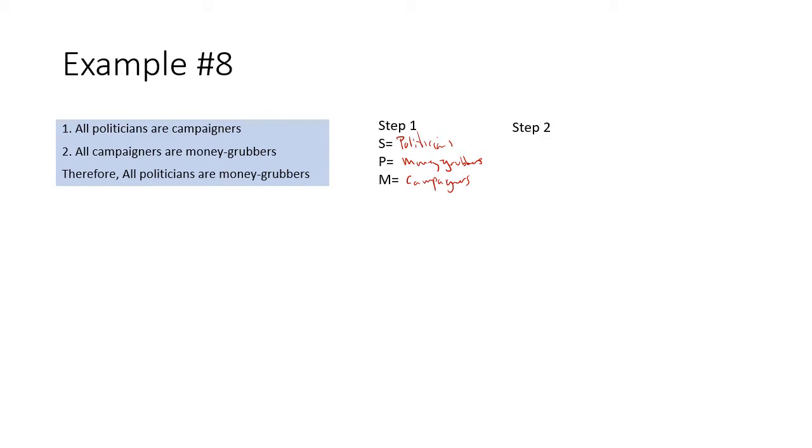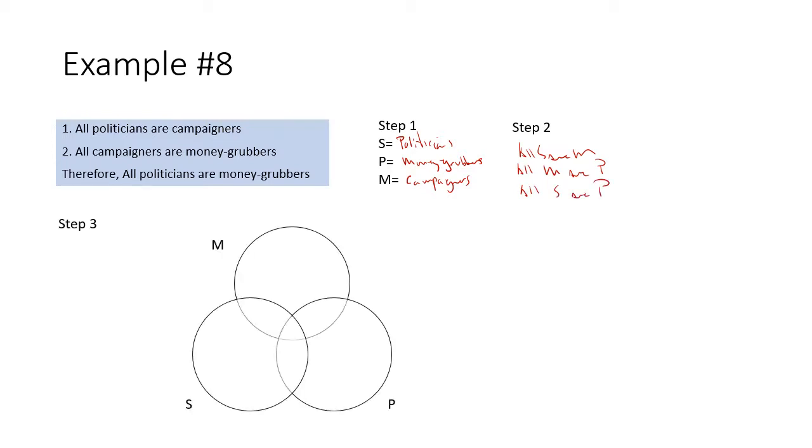So you rewrite this, you get all S are M, all M are P, therefore all S are P. Now that it's rewritten, we can do our shading, because everything is shading here.